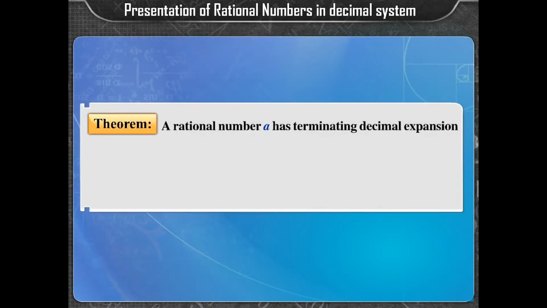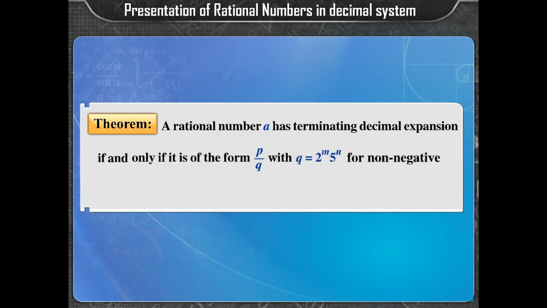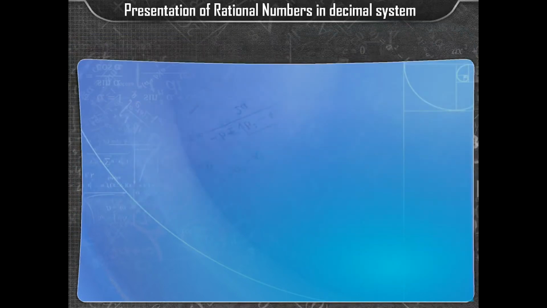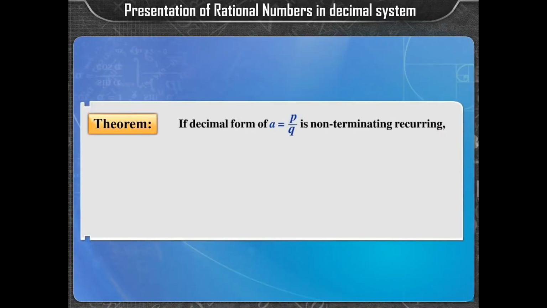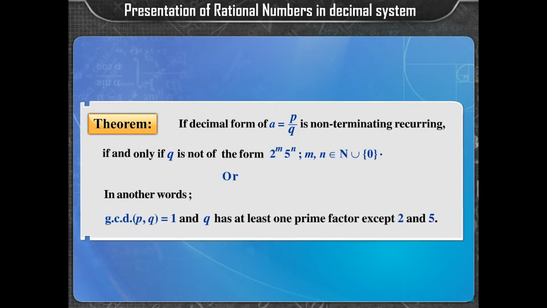A rational number A has a terminating decimal expansion if and only if it is of the form P upon Q, with Q is equal to 2^M, 5^N for non-negative integers M, N. If the decimal form of A is equal to P upon Q is non-terminating recurring, if and only if Q is not of the form 2^M into 5^N, M, N belongs to N union 0, or in other words, GCD of P, Q is equal to 1 and Q has at least one prime factor except 2 and 5.